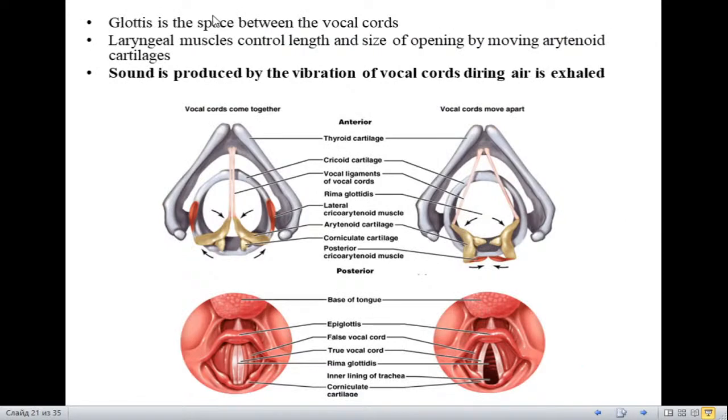So the glottis is the space between the vocal cords. Laryngeal muscles control the length and size of the opening by moving the arytenoid cartilage. As I mentioned above, most of these muscles attach to the arytenoid cartilage. And sound is produced by the vibration of the vocal cords during the exhaling of air.